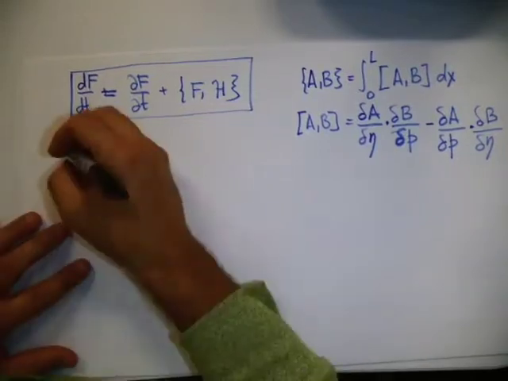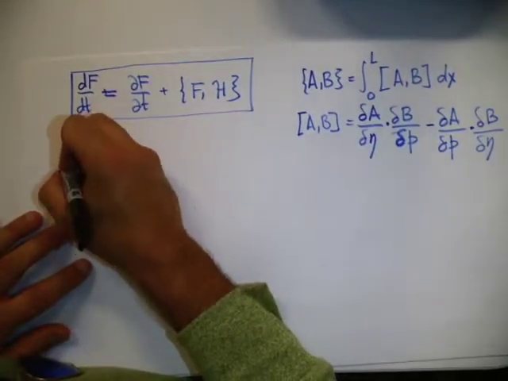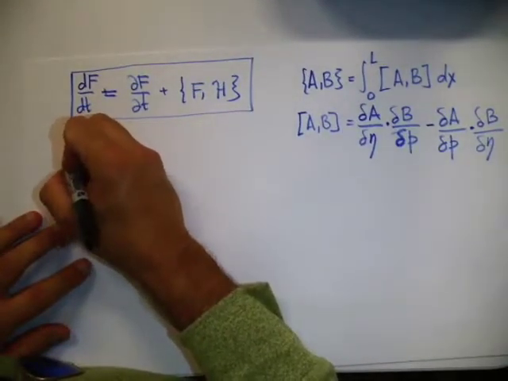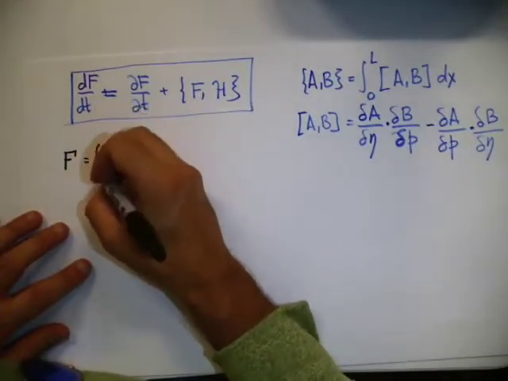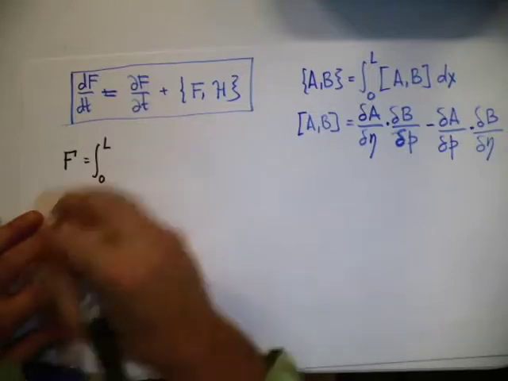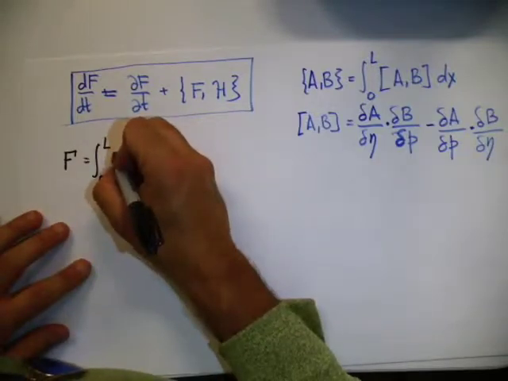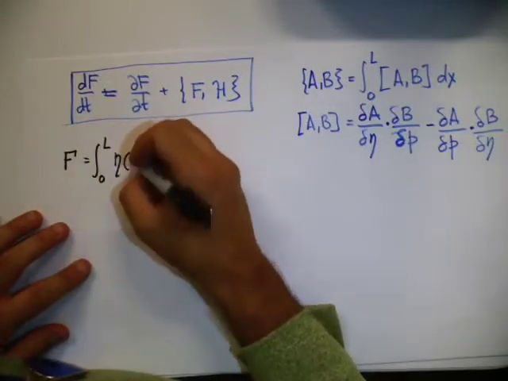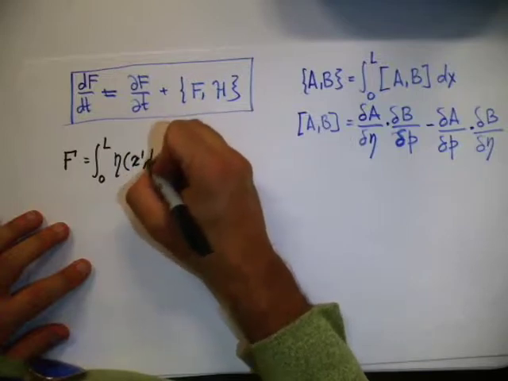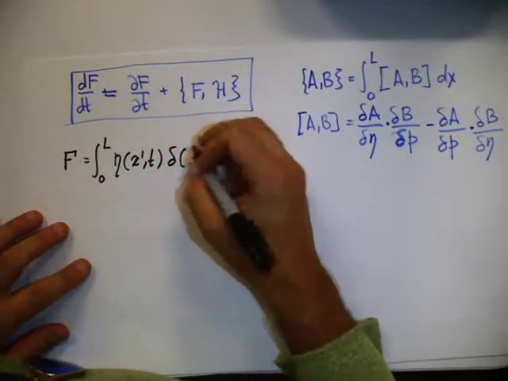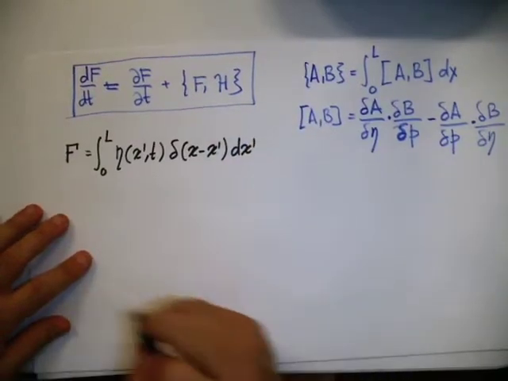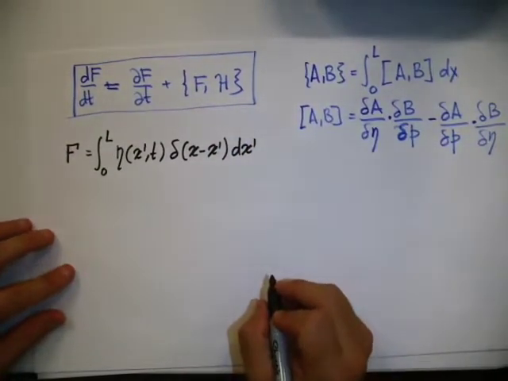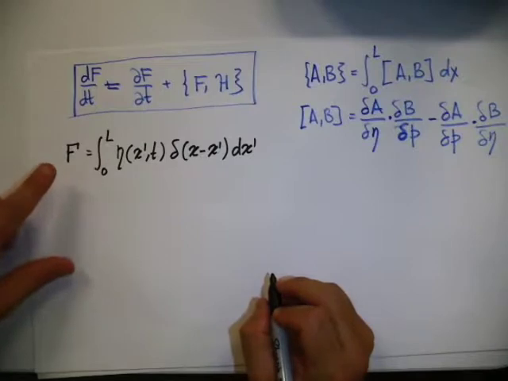So I pick as an observable f equal to the integral between 0 and L of eta of x prime, t, delta of x minus x prime, dx prime.